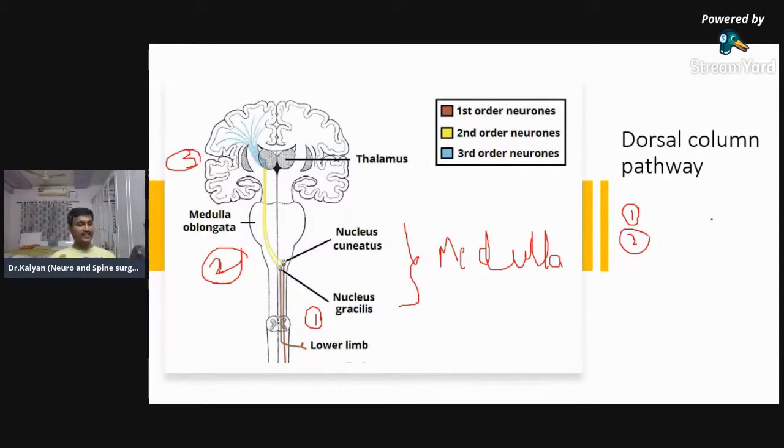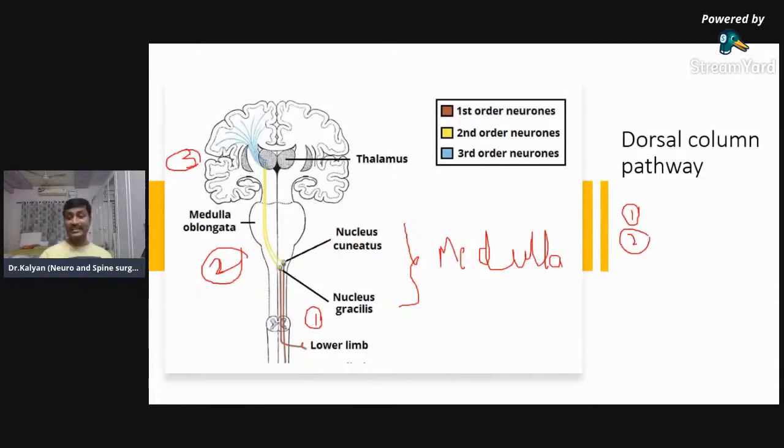All the functions of the dorsal columns. So the dorsal column mediates pressure, vibration, and fine touch.